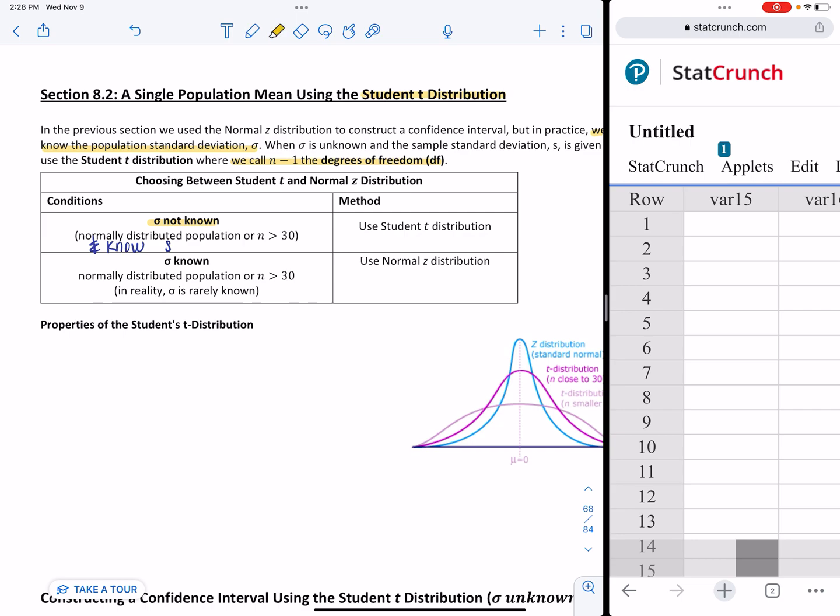If you know sigma, it's normally distributed, or the sample size is greater than 30, then you use the normal z-distribution.